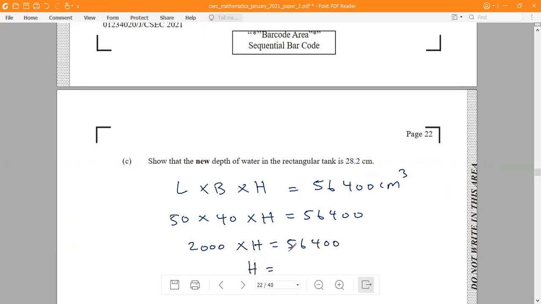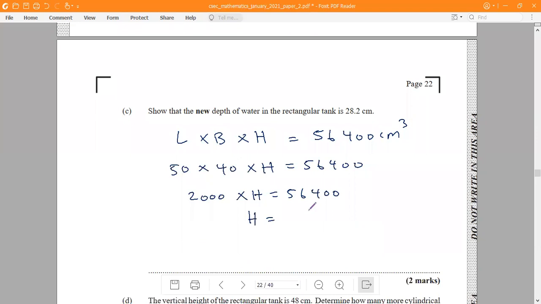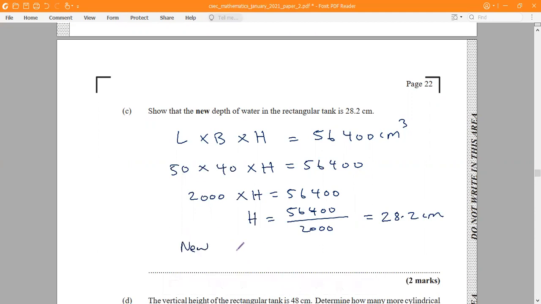We divide both sides by 2000 in order to solve this equation. We get 28.2 centimeters. So the new depth of water equals 28.2 cm. So we have shown what we were asked to show.